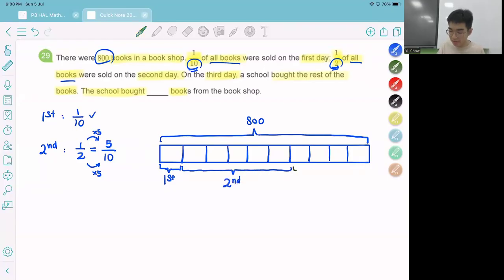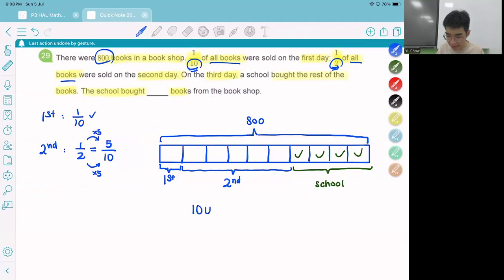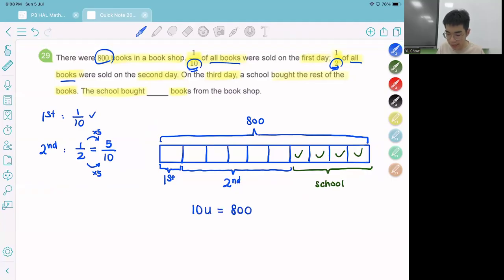And the remaining was bought by the school. And the remaining is 1, 2, 3, 4. 4 units. So as long as we can find what is 1 unit, we are done with the question, right? Then one extra step will do, right? So we know the total is split into 10 units. So 10 units is equal to 800.